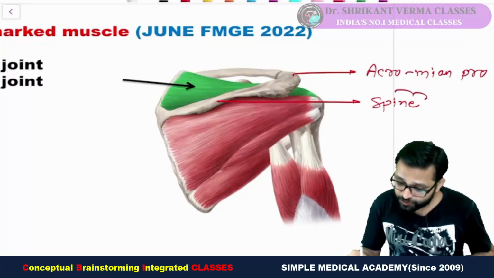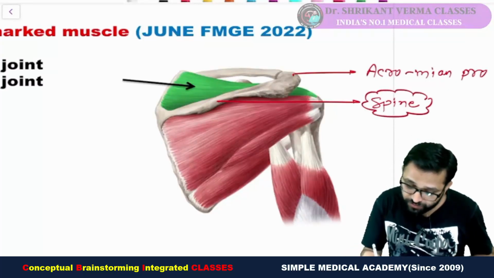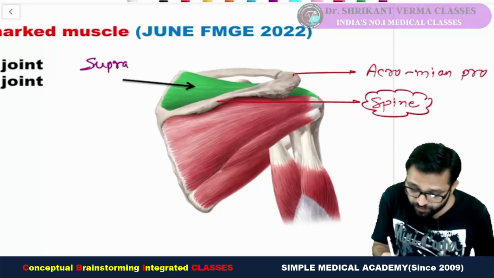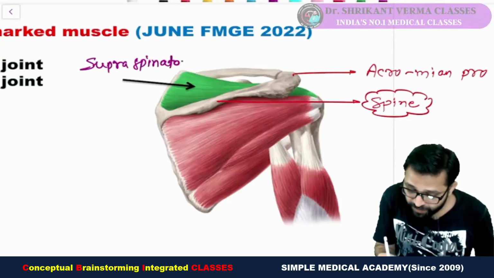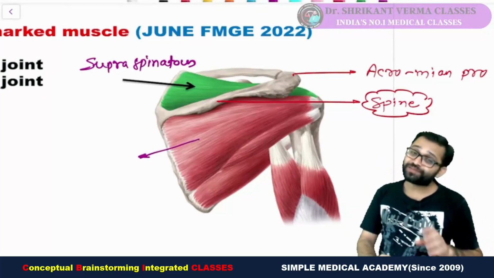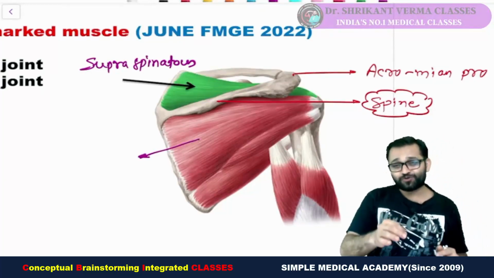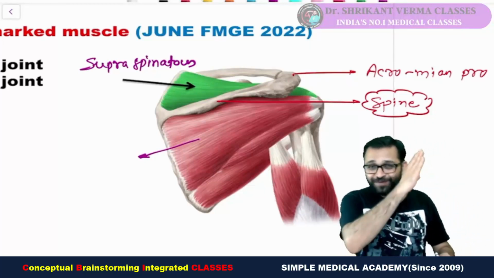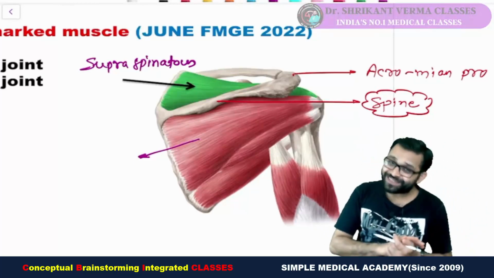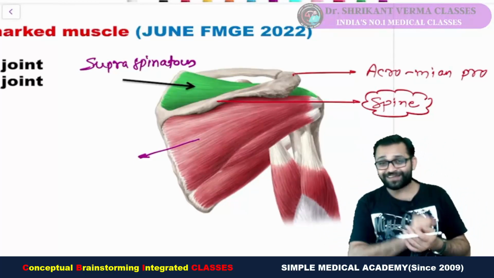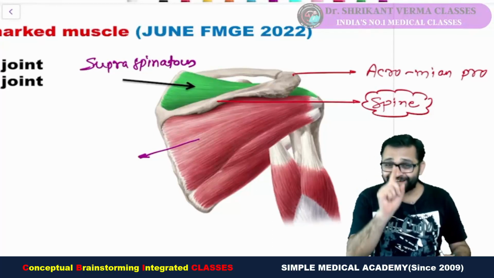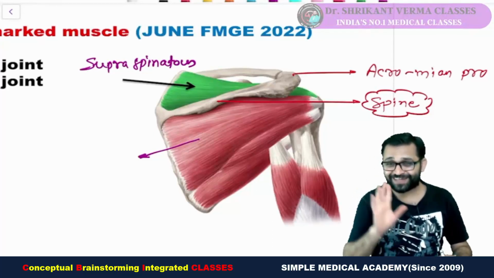So if this is the spine, the muscle visible above the spine of scapula will be supraspinatus. The muscle which is below the spine of scapula, what should its name be? Always I told my students, Shakespeare said, what's in a name? But Mirza Ghalib says all the secrets lie buried in the name.